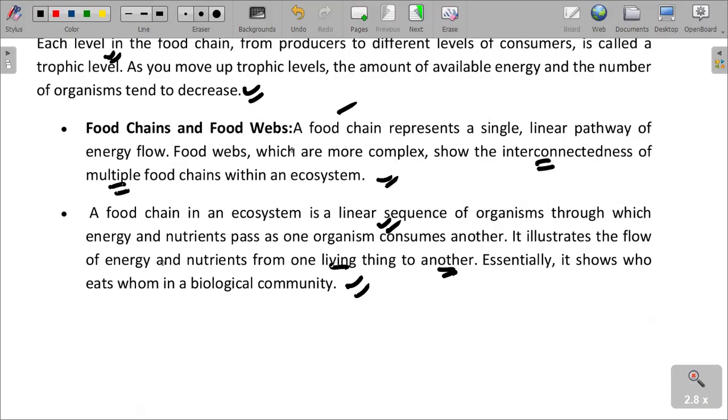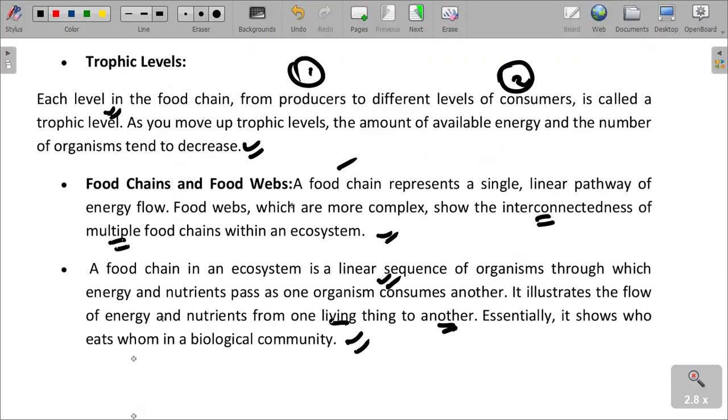So I'm going to show you right now the diagram that illustrates a food chain. It shows who eats whom in a biological community, in a world ecosystem. It identifies the flow of energy in a linear sequence, with nutrients passing from one organism to another as they consume each other.